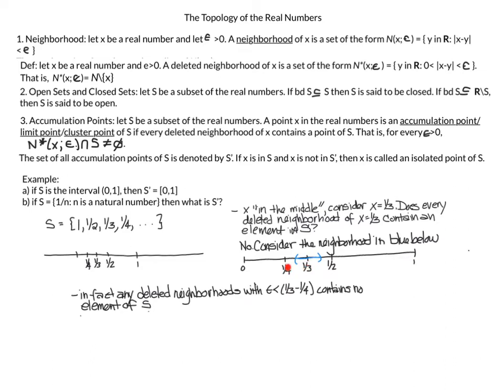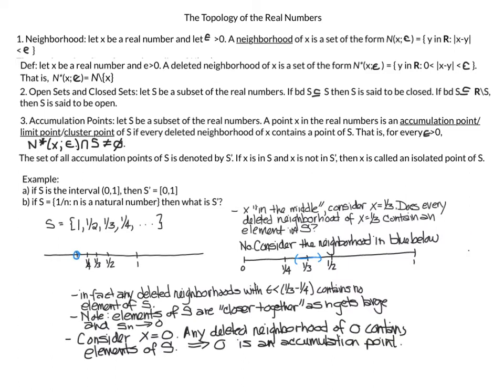And in fact, the distance we would need to have a deleted neighborhood which contains no element of S is shorter than this distance, so it's 1/3 minus 1/4. And then you can see that the elements of S do get closer together as n gets large and the series gets close to 0. Now we can consider x equals 0.